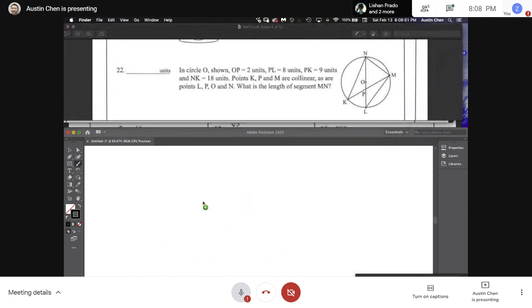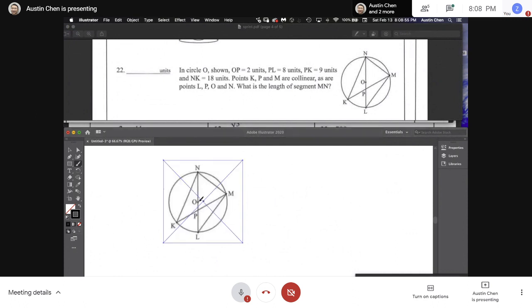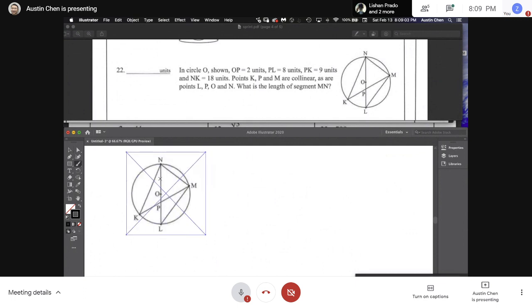Oh, it works. Okay, here's the diagram. And let's just go ahead and label everything that we have. So this is 2.